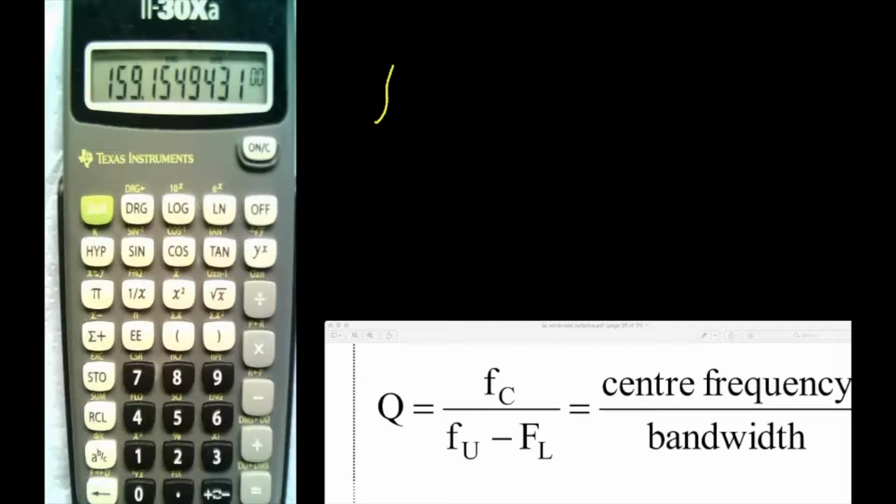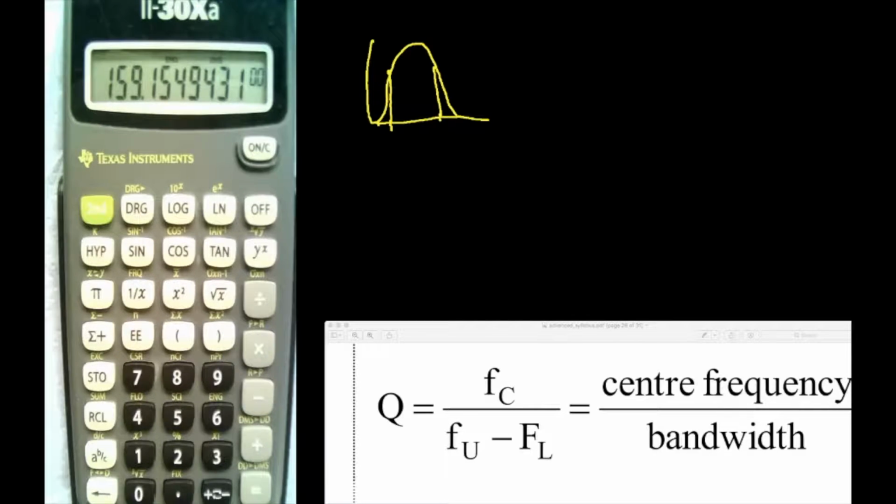If we look at the curve, it'll have half power or 3 dB points. And you draw those down to the frequency axis. Not very good axis here.